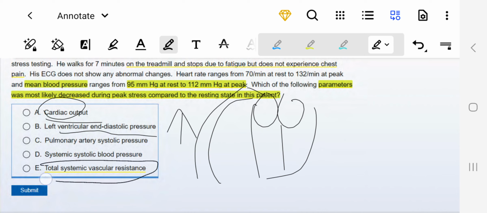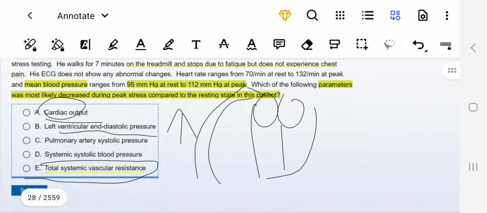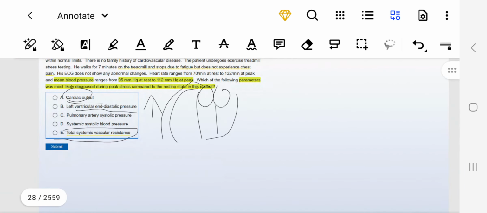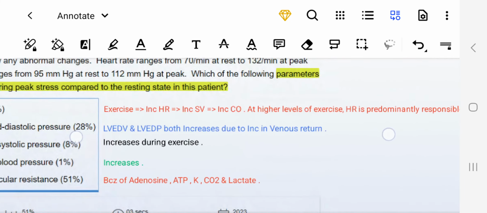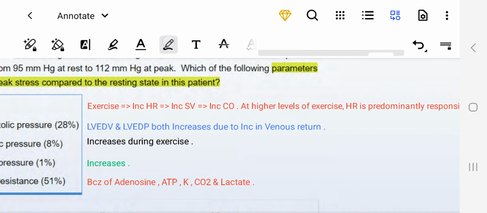This is the one factor which is decreased during exercise, because we have to increase blood flow. For that, there should be low resistance, so that blood can easily reach the skeletal muscle in case of exercise. I had mentioned that during exercise there will be increased heart rate to increase stroke volume.